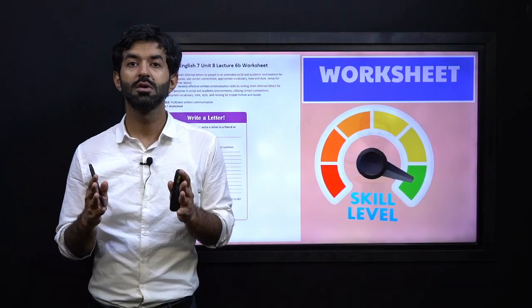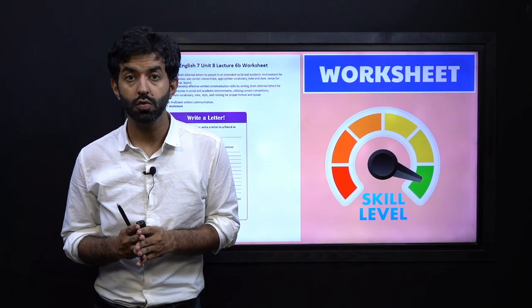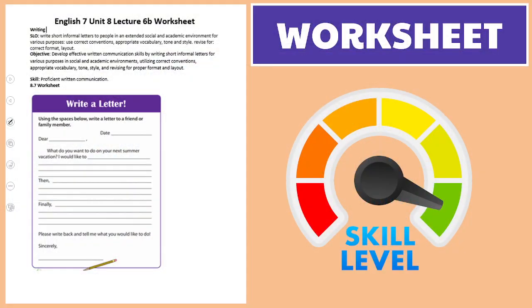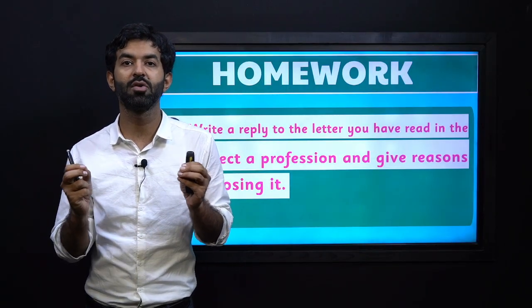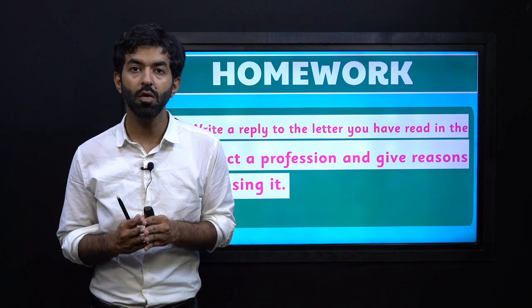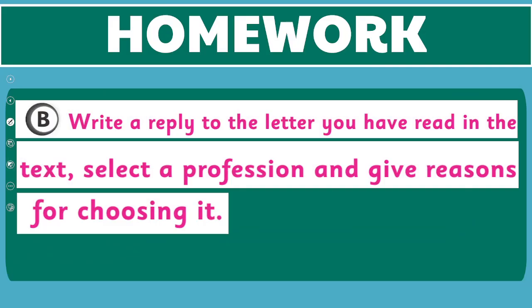And students, now I will introduce you to the worksheet that you will get about writing a letter. You will also get a skill sheet where you have to practice your letter writing skills. For the homework, again, you will write a letter, actually write a reply to the letter you have read in the text.